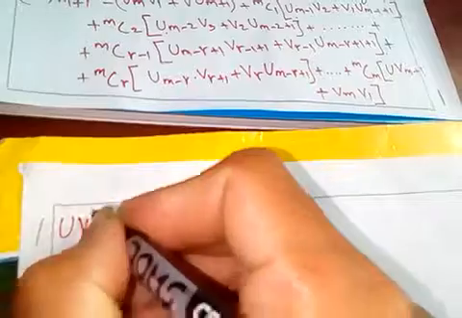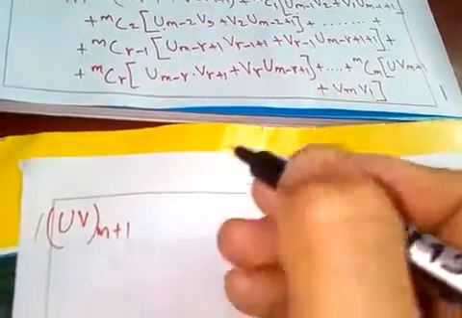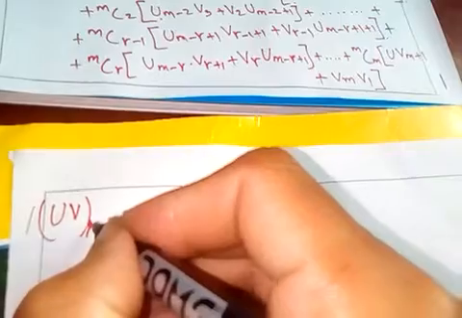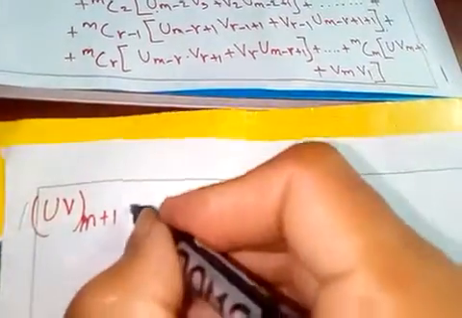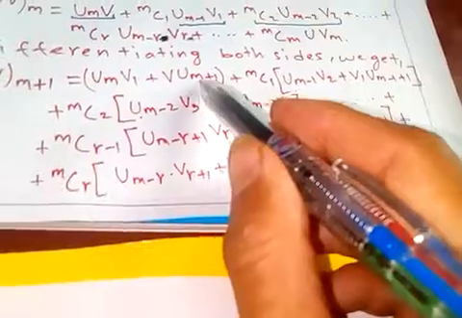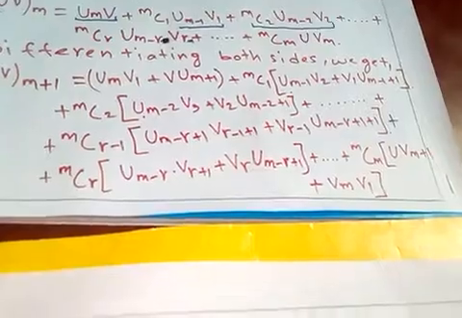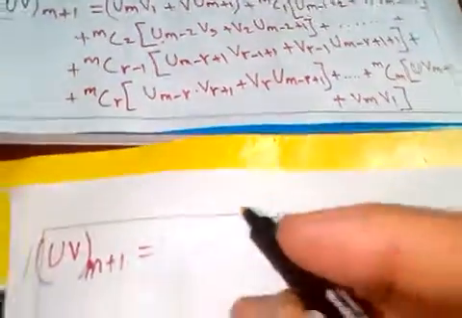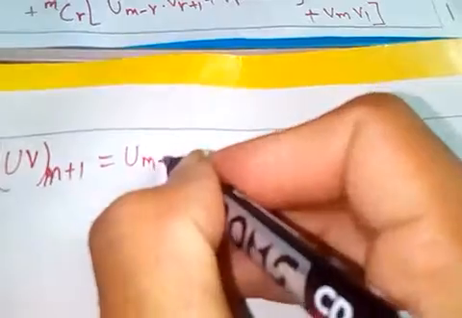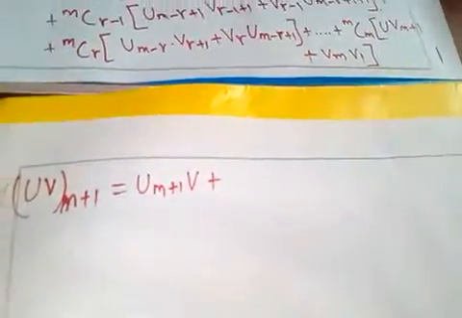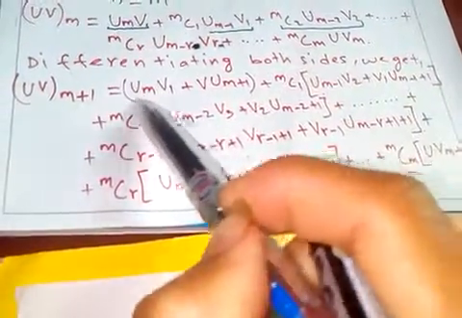U v m plus 1, m plus 1, which is, now if you check out here, now keeping this one constant, okay, keeping this as constant, one is that u m plus 1 v, u m plus 1 v, plus, and this one, and where is that?